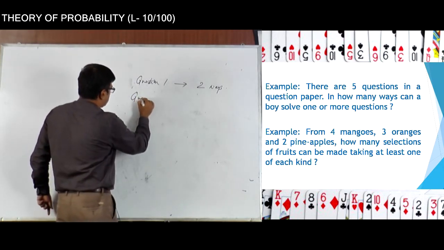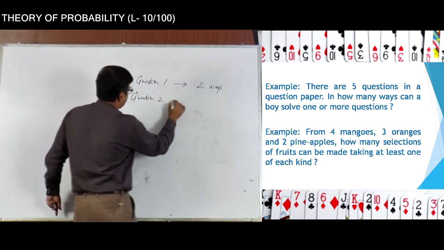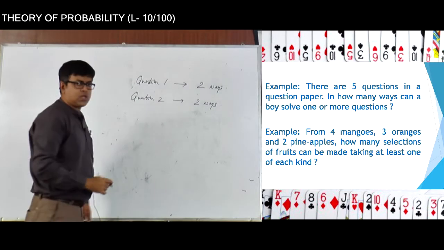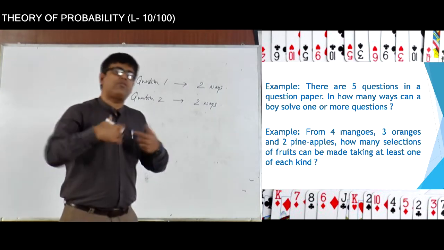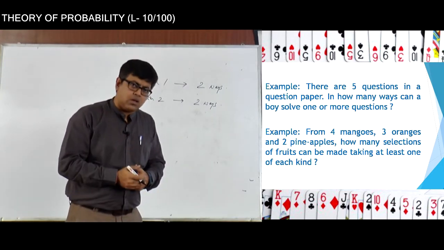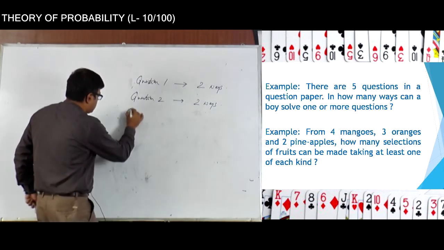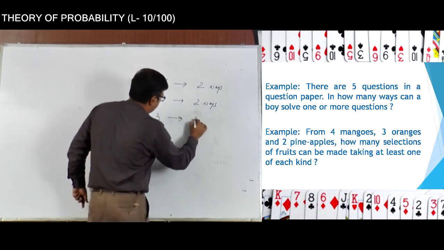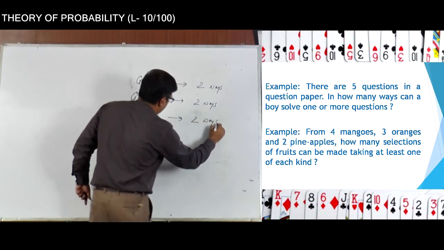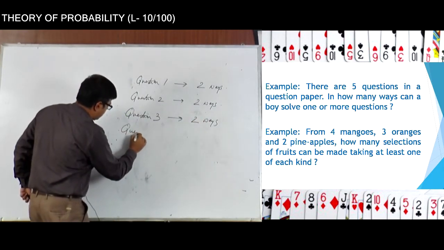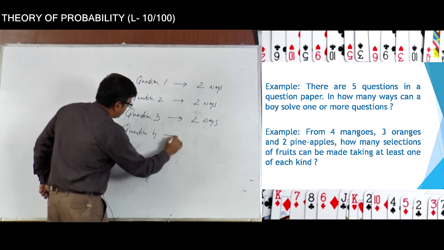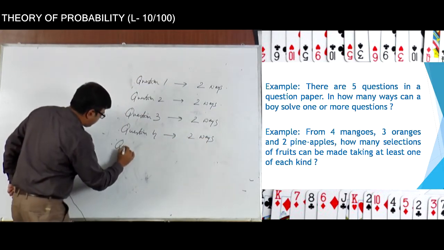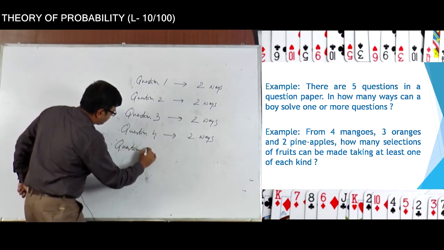Similarly for question 2, he can either answer it or not answer it, that is, he can dispose the second question also in 2 ways. With the same logic, he can dispose question 3 again in 2 ways, question 4 again in 2 ways, and question 5 also in 2 ways, right?